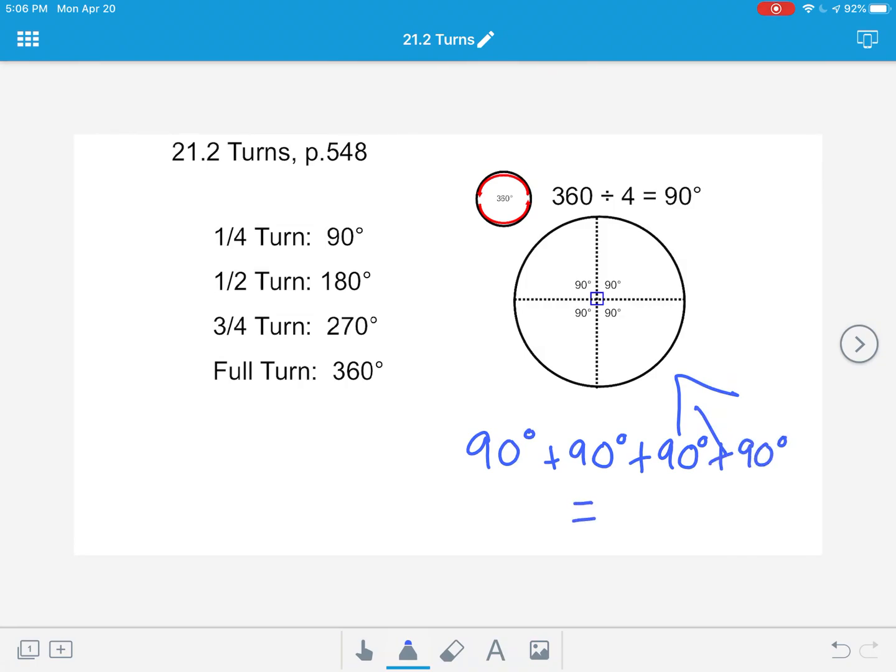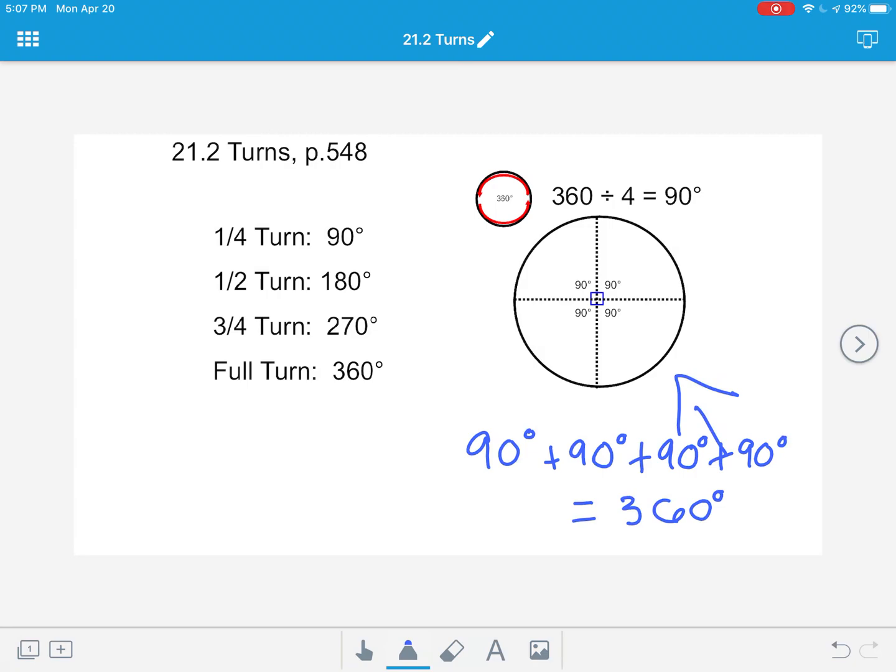And those all, when you add them up, equal 360 degrees. No matter how many times I split up this circle, if I measured the angles that are made from drawing lines across the diameter of the circle in different ways, I will always add up to 360 degrees in total.